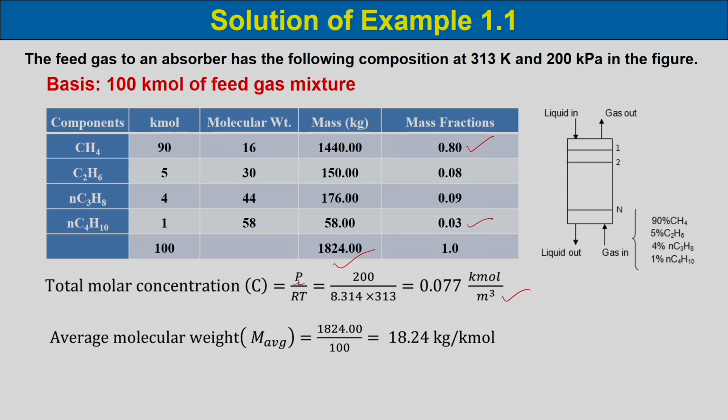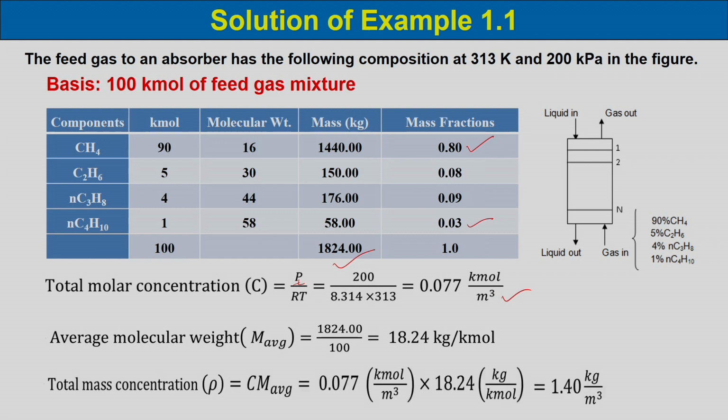Average molecular weight we can calculate: the total mass of the components is 1824, and if we divide by 100, because that is our basis of 100 kilomole, we get 18.24 kg per kmol as the average molecular weight.